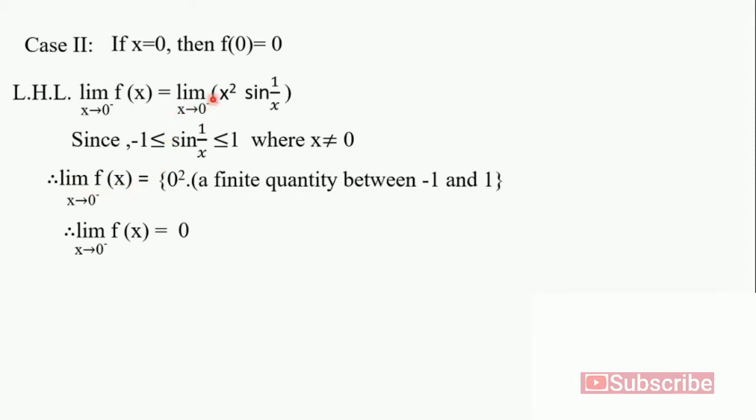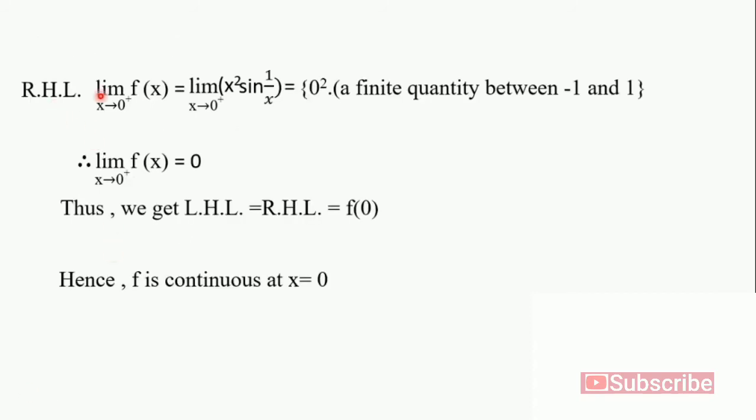So here in place of x square we can put 0 square, and sine of 1 by x for this limit is a finite quantity between minus 1 and 1, and the product of these two quantities is 0. So the left hand limit is equal to 0. The right hand limit, we proceed the same way: 0 square times a finite quantity between minus 1 and 1, because sine 1 by x is a finite quantity between minus 1 and 1, which gives us right hand limit 0.